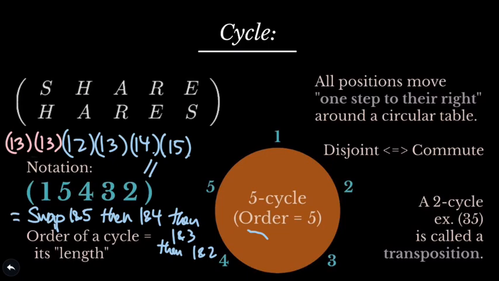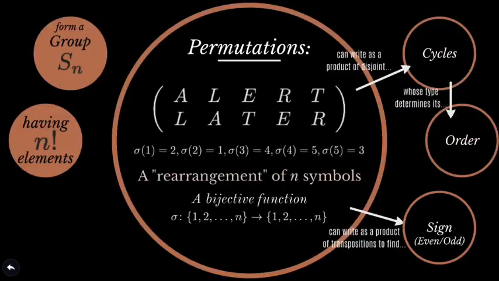But the expression of a permutation as a product of transpositions is unique up to the parity of the number of transpositions used. So you and I might come up with different lists of transpositions to represent a given permutation, but either both of our lists are going to use an even number of transpositions, or both of our lists are going to use an odd number of transpositions. I can't have an even and you have an odd number of transpositions in your list for the same permutation.